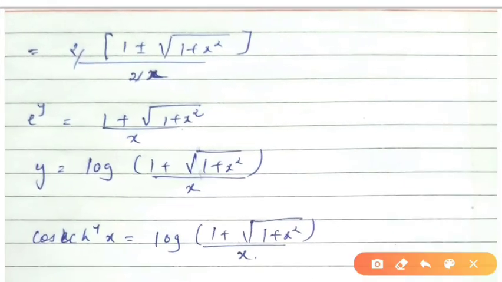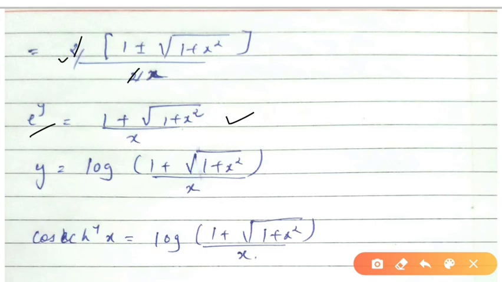So this 2 is taken common. It will get cancelled with the denominator portion. So we get e raised to y equal to 1 plus under root of 1 plus x square upon x. Now again I have to remove this exponential power. So I will take the logarithm on both the sides.